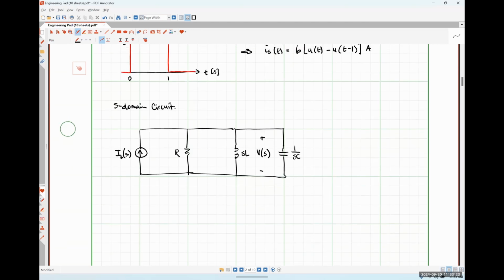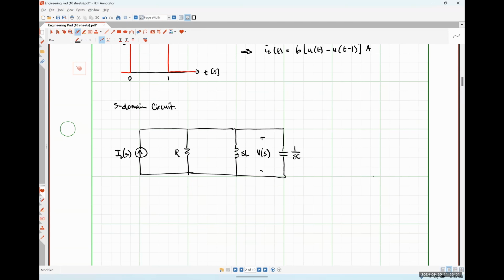So if I were trying to find this voltage, V of S, just using good old conventional circuit analysis techniques, what do you guys think I should do? I may be mistaken, but I believe I heard nodal analysis, and I also believe I heard current division.